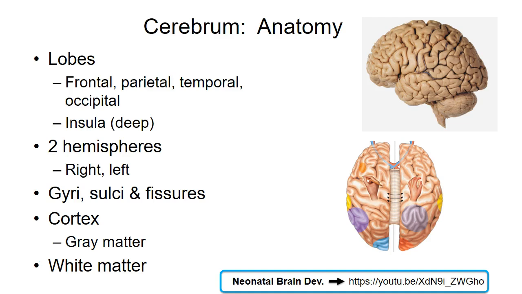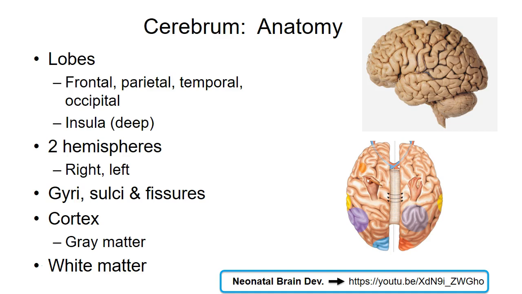And then we have, just like what we saw in the spinal cord, gray and white matter. Here the gray matter is considered cortex. So when we talk about the cerebral cortex, we're talking about gray matter.